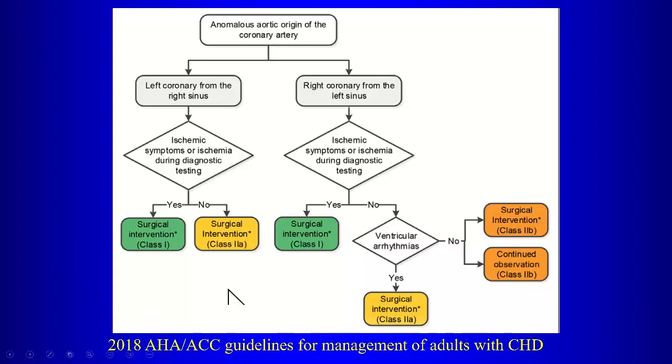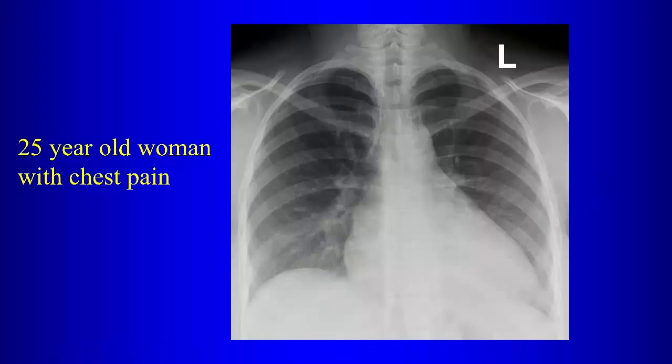So there seems to be some recommendation out there that these patients with an anomalous left taking an interarterial course will require some kind of treatment, whereas for those patients who have an anomalous right, as long as they don't have symptoms or arrhythmias, it's a little bit more controversial whether you need to do anything about that. So the direction seems to be, if it's an anomalous interarterial right coronary artery, as long as the patient is asymptomatic, they don't necessarily have to do anything about that.